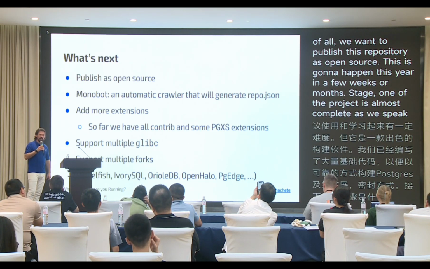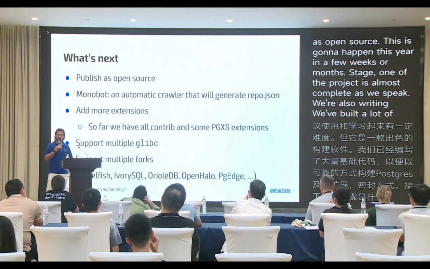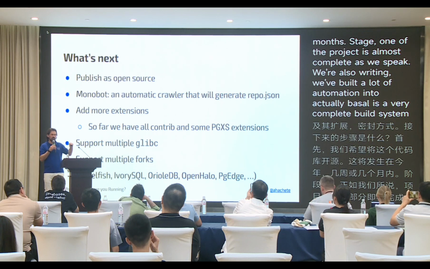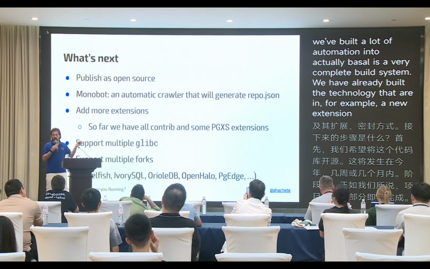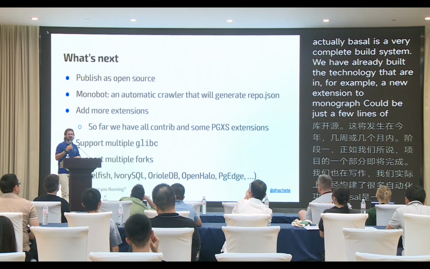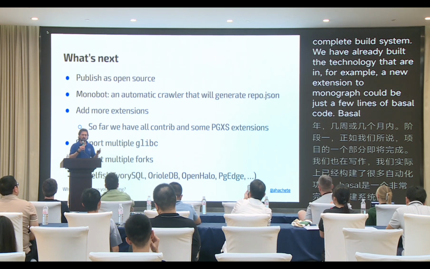We've built a lot of automation into, well, actually Bazel is a very complete build system. And we have already built the technology so that adding, for example, a new extension to Postgres could be just a few lines of Bazel code. Bazel code, by the way, uses a syntax very similar to Python.